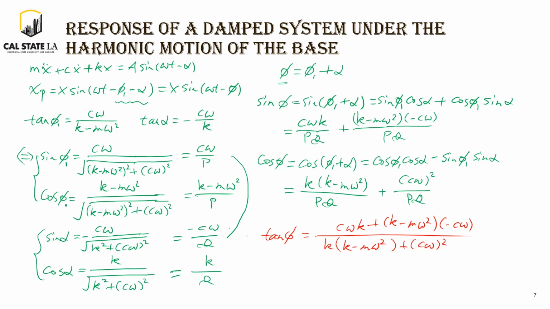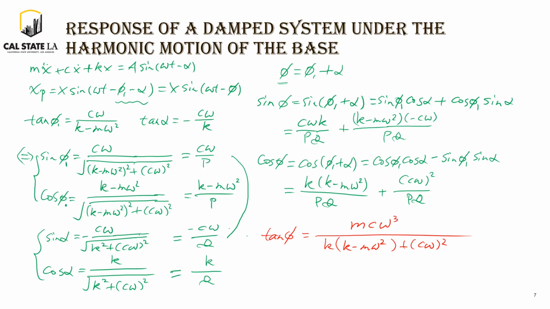So look at the numerator. The first term is a c omega k. On the second term, we also have a negative c omega times k, right? So this term can be canceled out by this term times negative c omega. That will leave us positive c omega times m omega square, so that it becomes mc times omega cubic.